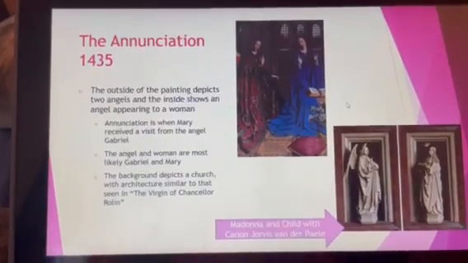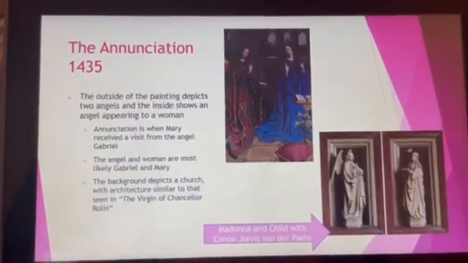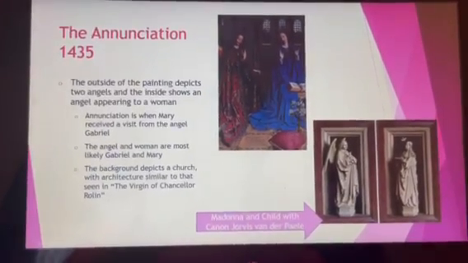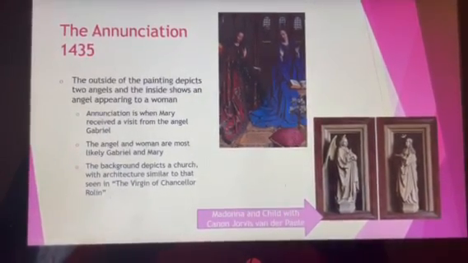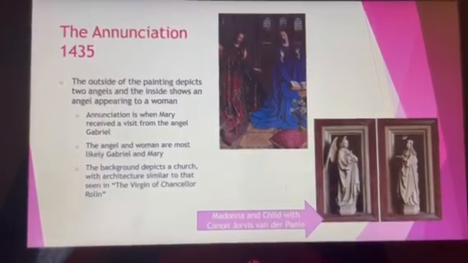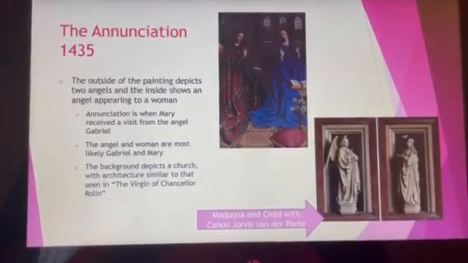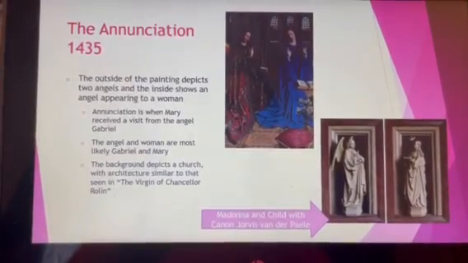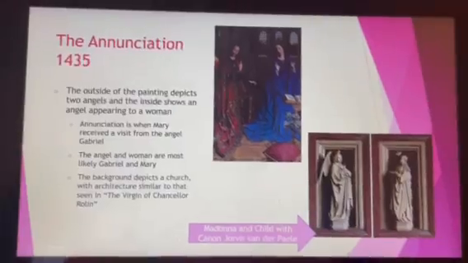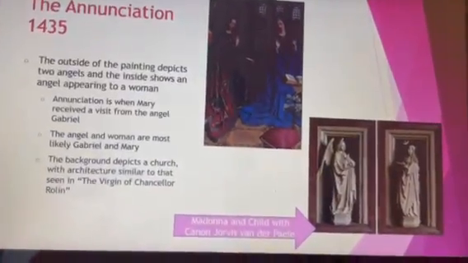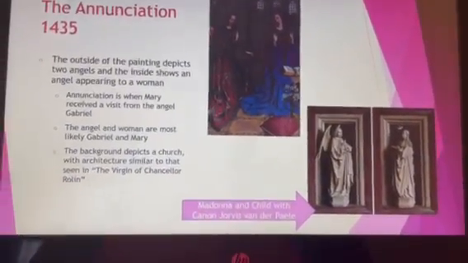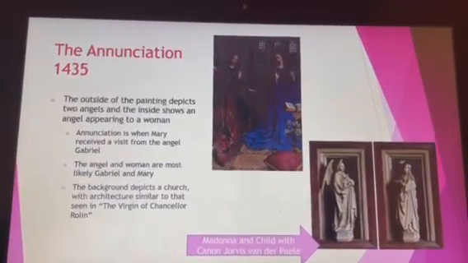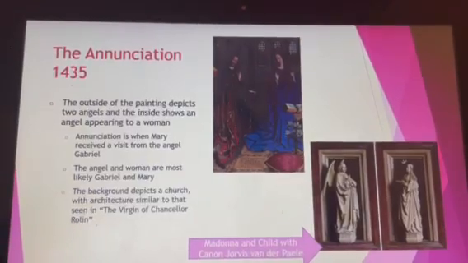The Annunciation was painted in 1435, and it is a painting consisting of foldable panels like the Ghent altarpiece. The outside of the painting depicts two angels painted in a style of sculpturism, in a sculpted style, and the inside depicts these same two figures but in a more painted realistic form.